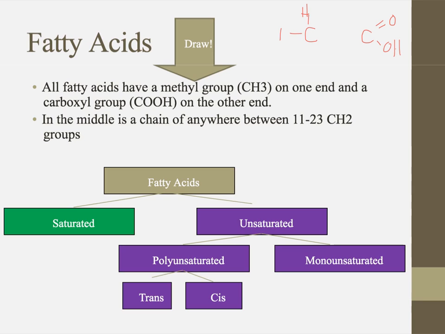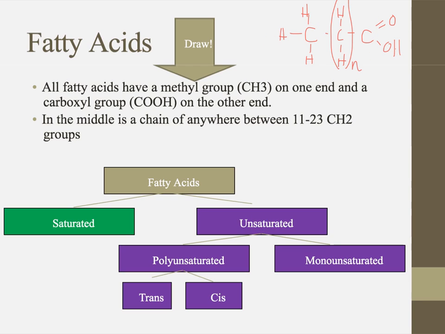Methyl is CH3. And then in the middle, you have a carbon group, and there can be a whole number of these things. So anywhere from 11 to 23 of these guys in the middle, sandwiched between a methyl and a carboxyl group.